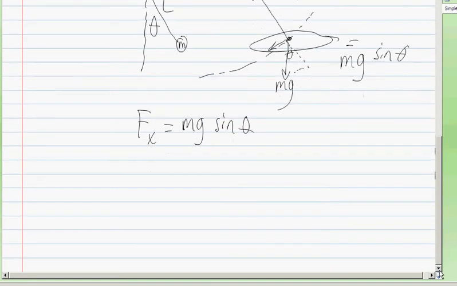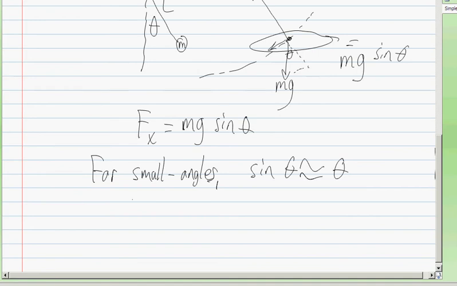which is pretty close to mg theta for small angles. For small angles, the sine of theta is pretty close to theta. Try it for angles under 20 degrees, or what is that, pi over 6, pi over 5.